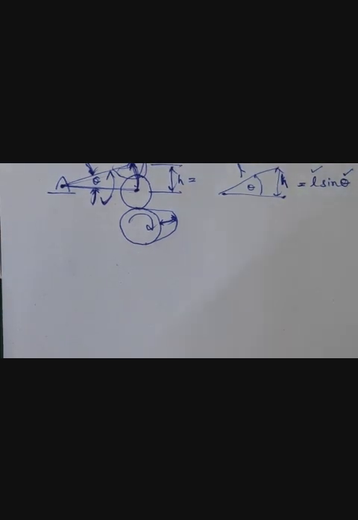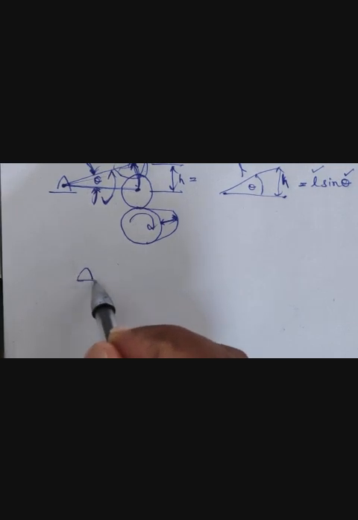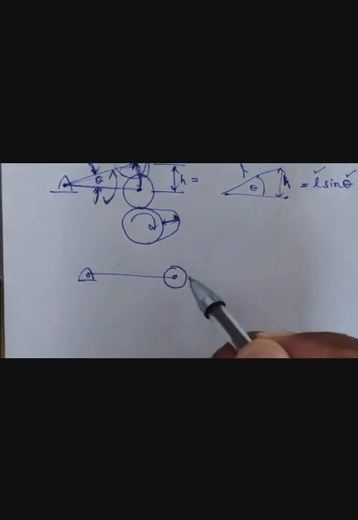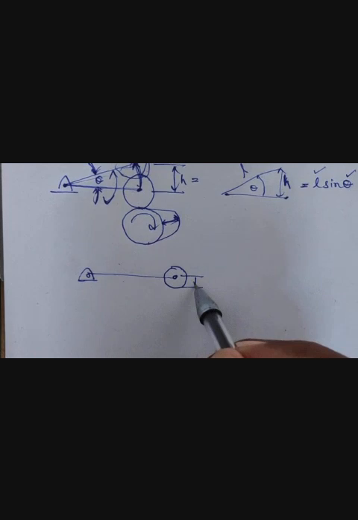When compared to other types of followers, oscillating follower numericals have some unique data. The first data is the length of the lever, and then of course it has a roller with a roller radius.